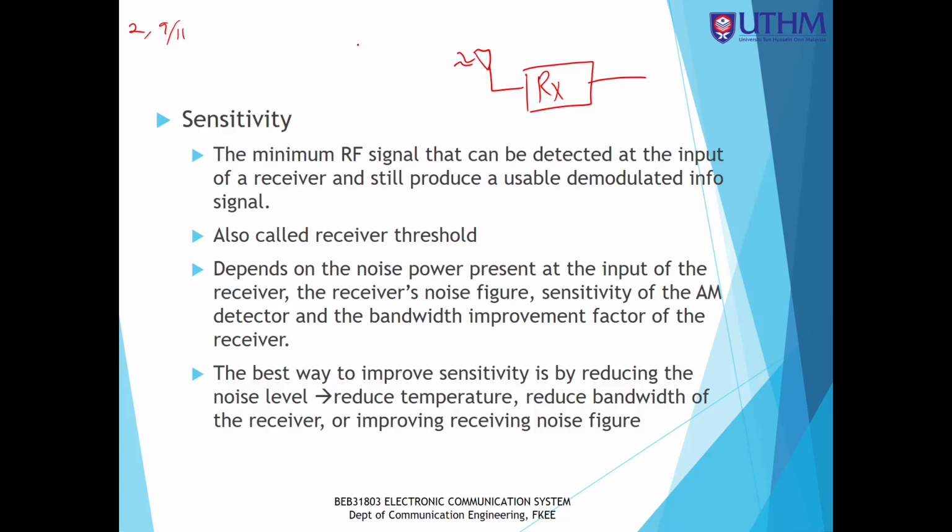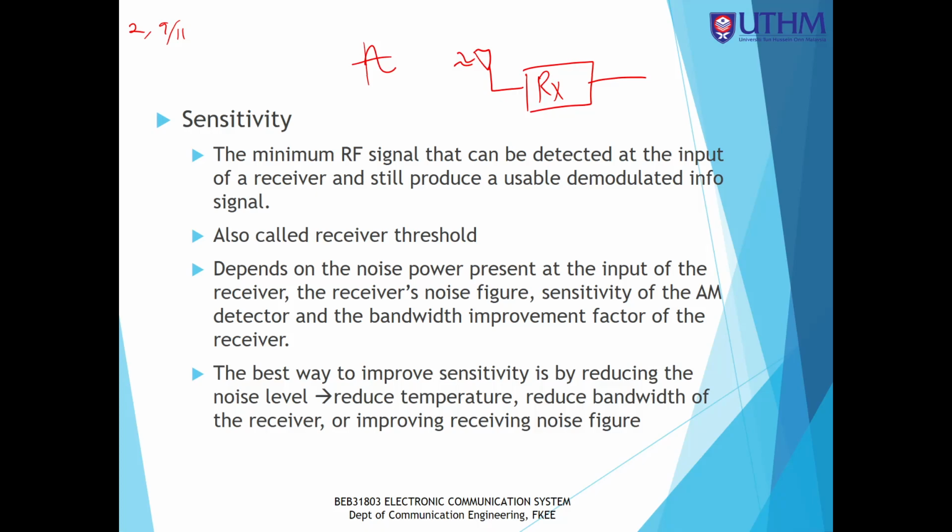Because when the signal goes through the medium from transmitter to receiver, it will have many attenuations, and when the signal arrives at the receiver, the amplitude will be much lower, because of the attenuation due to distance and obstacles within the medium.